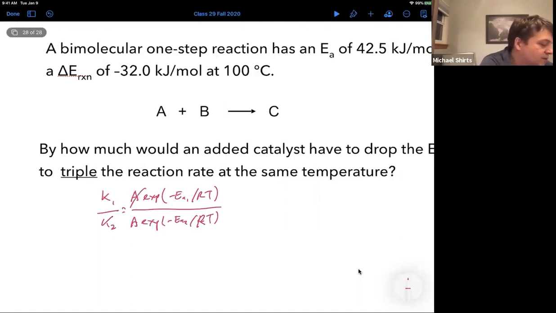which will just be proportional to these. Now, assuming that the prefactor isn't changed, that's a bit of an assumption, but the prefactors are usually roughly the same order of magnitude for different mechanisms, this would give us exponential of EA2 minus EA1 over RT. And so solving for the difference in activation energies, let's write it this way.